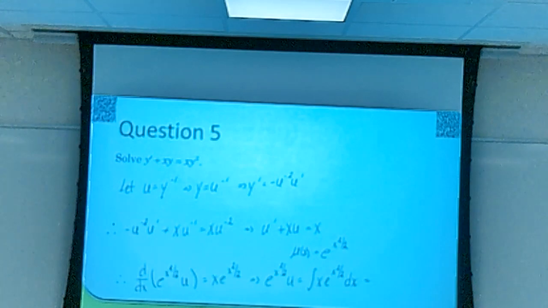How would you evaluate that antiderivative? Alright, I need to adjust something. Actually, I need to adjust two things.